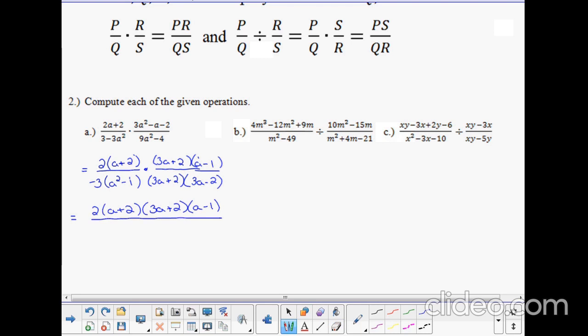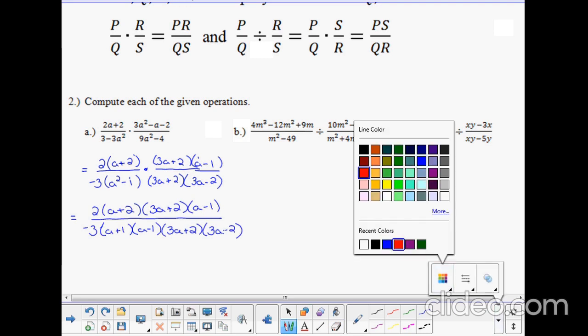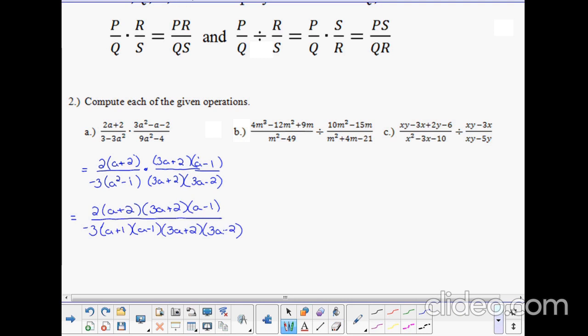The denominator is negative 3 times a squared minus 1. Remember, a squared minus 1 can be simplified into a plus 1 and a minus 1. Then I have 3a plus 2 and 3a minus 2. So I'm factoring first because now I can see some terms that I can simplify. It's going to make the multiplication a little easier.